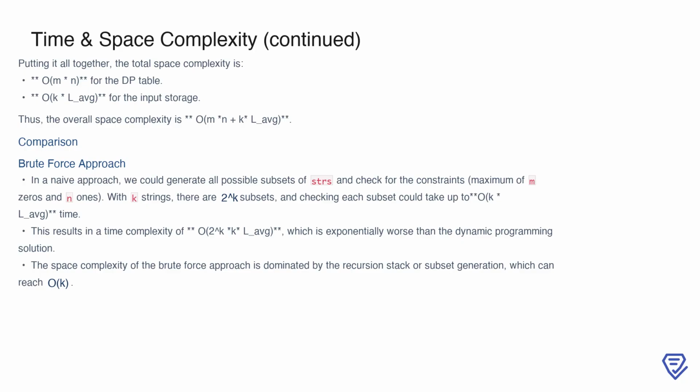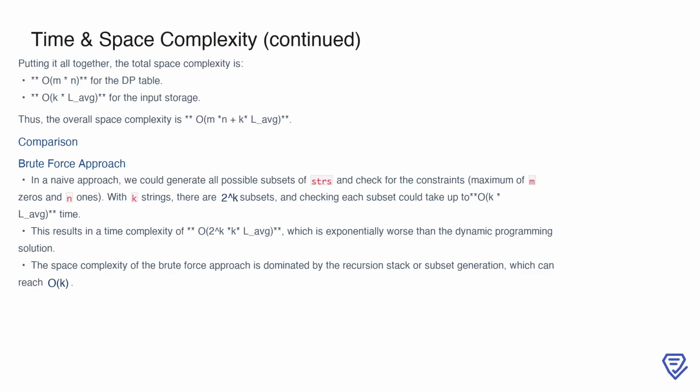Now, let's compare this dynamic programming approach to a brute force method. In a naive approach, we could generate all possible subsets of the input strings and check if each subset satisfies the constraints of having at most m 0s and n 1s. With k strings, there would be 2 to the power of k subsets to evaluate.